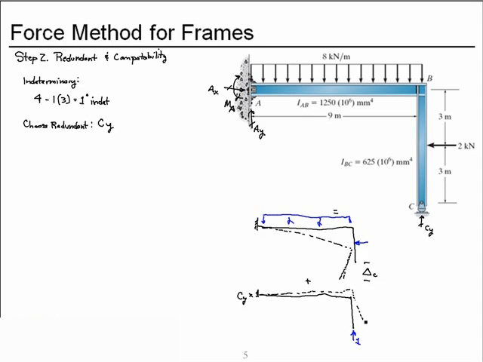Looks something like this. And the change in vertical position of point C we'll call our flexibility coefficient F subscript CC.